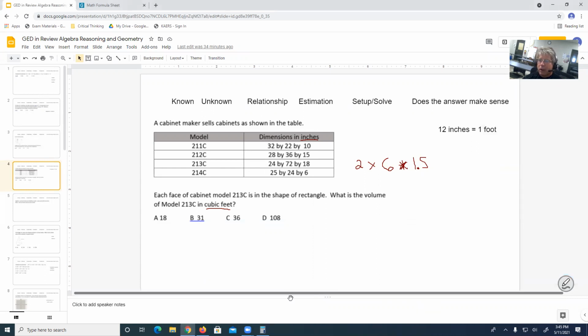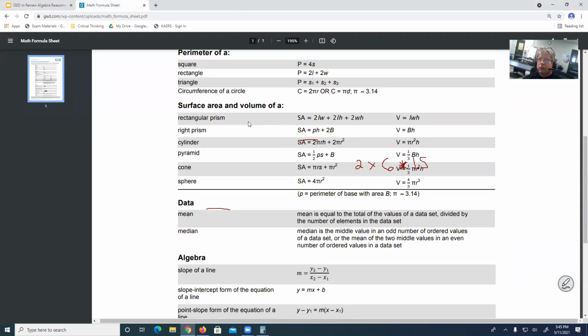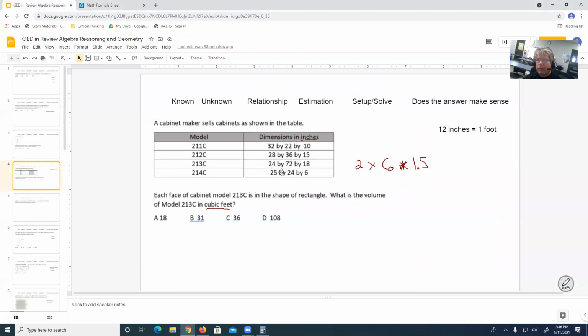Now, again, it says volume of this shape. If I'm using my formula sheet, volume for a rectangular prism would be length times width times height. And that goes along with this word by, which implies multiplication.